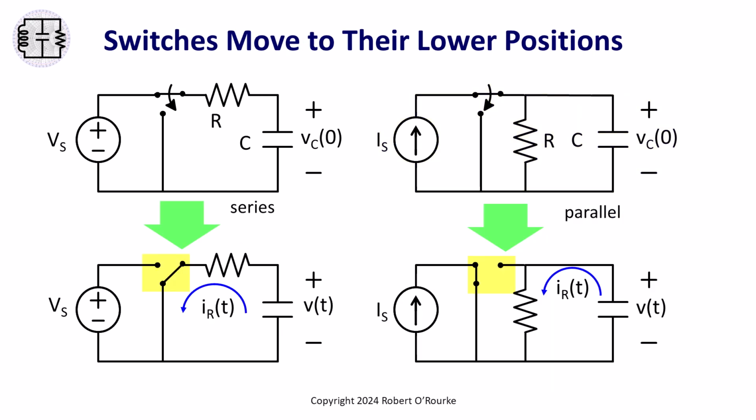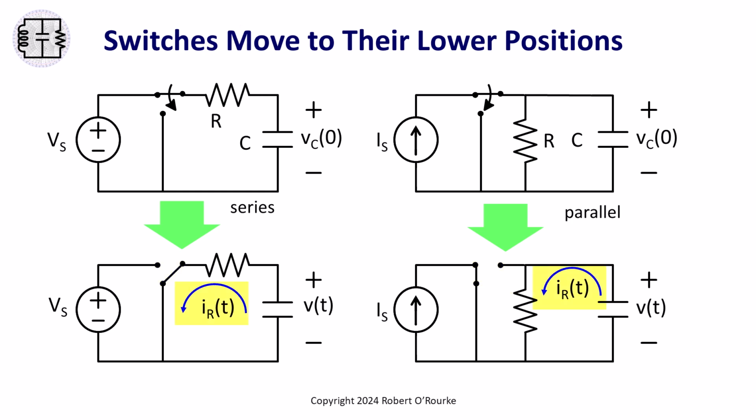When the switches are moved to the lower positions, the sources are removed from the circuit and the natural response analysis begins. At this point, the voltage V sub C0 becomes the time-varying voltage V of t, decaying exponentially down to zero.